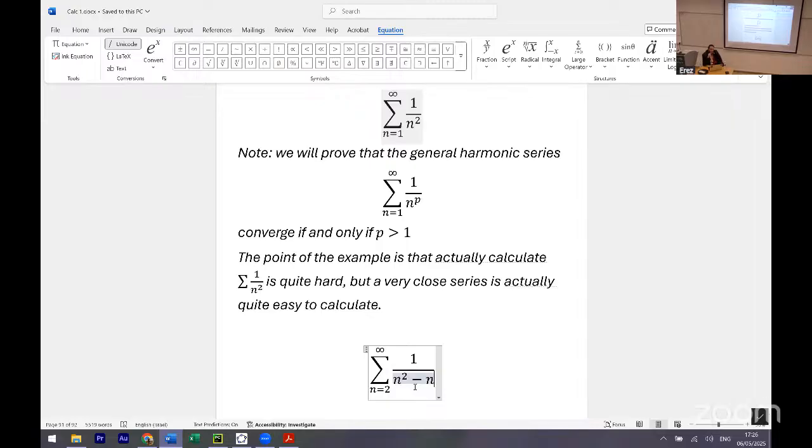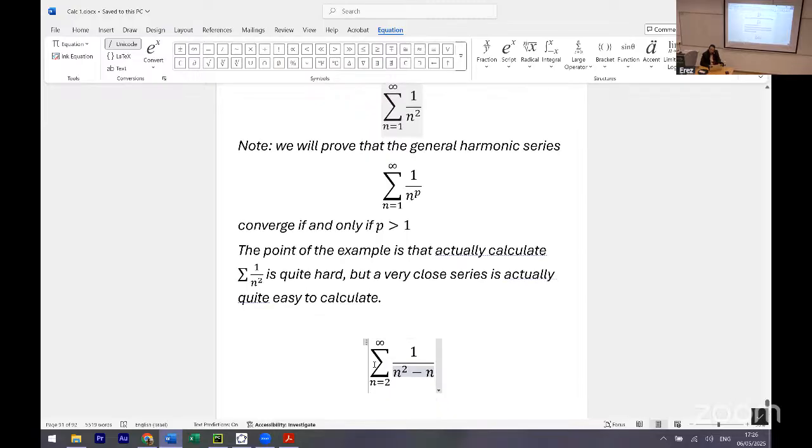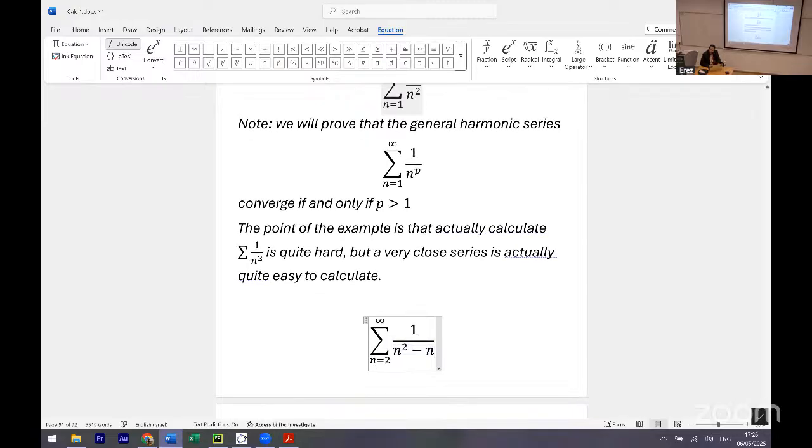The lower one is bigger. And the thing is that if the bigger one converges, then obviously the smaller one converges. What I just told you is called the comparison test. And that would be the first test that we learn. So now I just wish to show you that this is easy to compute. Okay?